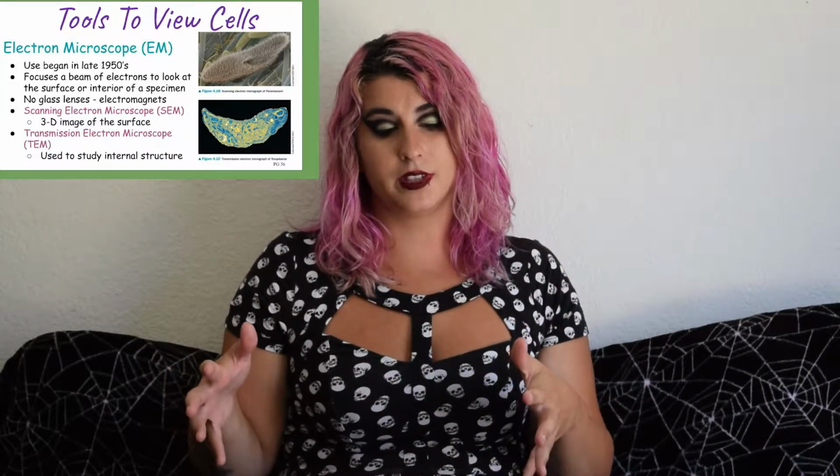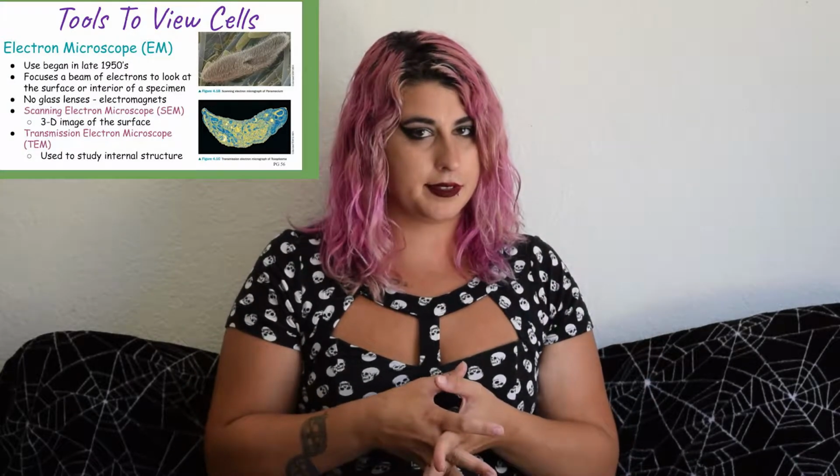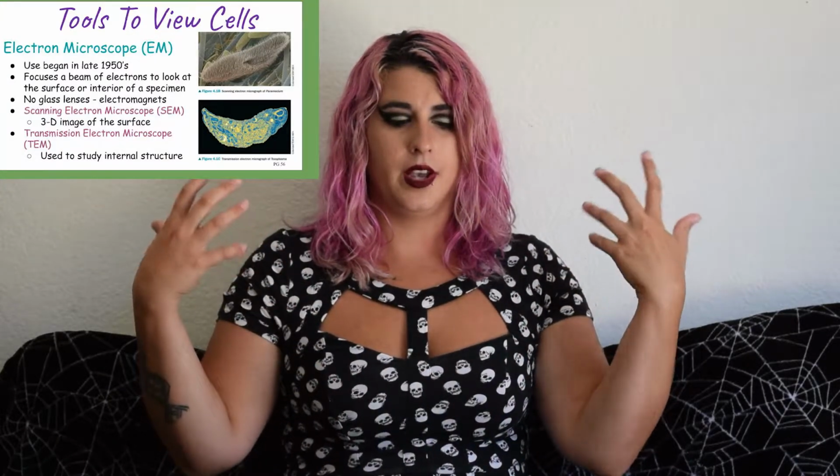And now to move on to our next ways to view cells. Light microscopes are wonderful and they completely catapulted the biological sciences forward in the 1600s. But they're only good for things that are a very specific smallness. So in the late 1950s, we began using what is known as an electron microscope.